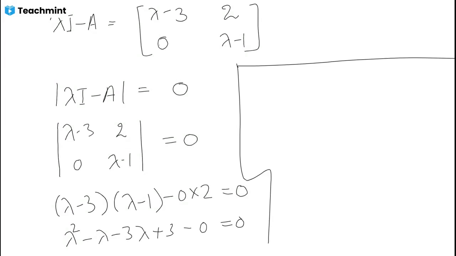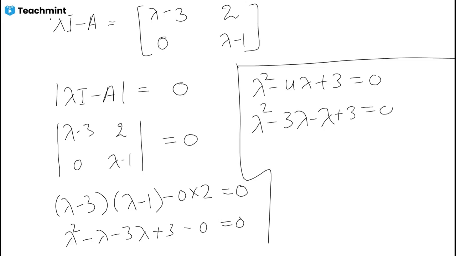Yes. So lambda square minus 4 lambda plus 3 is equal to 0. Now solve for lambda. You can use the quadratic formula or splitting the middle term. So we get lambda is equal to 3 and 1.